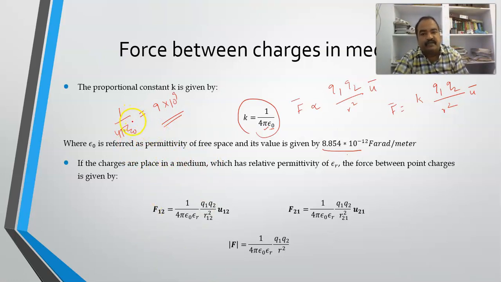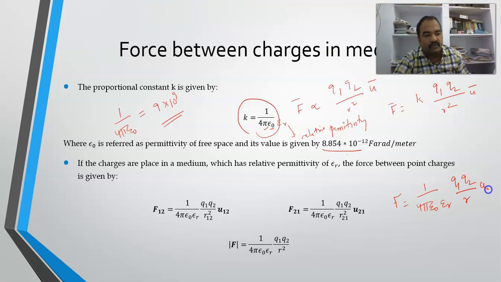And if I place these two charges in a medium, then I must write an additional term here. K is equal to 1 by 4 pi epsilon naught epsilon r. This epsilon r is called relative permittivity, and it varies from medium to medium. So my final expression is F is equal to 1 by 4 pi epsilon naught epsilon r q1 q2 by r square into ur.